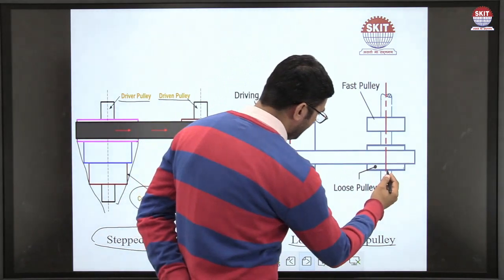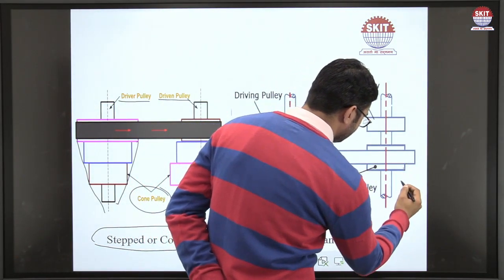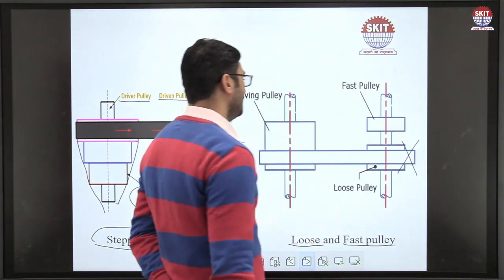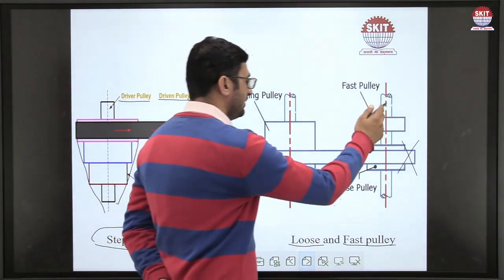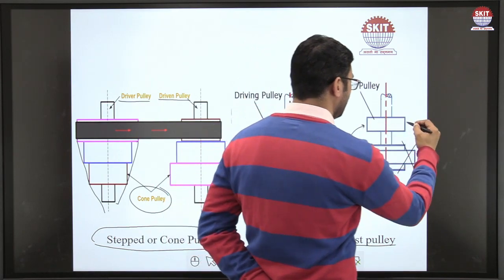When the belt is on the loose pulley, there is no power transmission. When power transmission is required on this shaft, we shift the belt onto this pulley and power is transmitted.